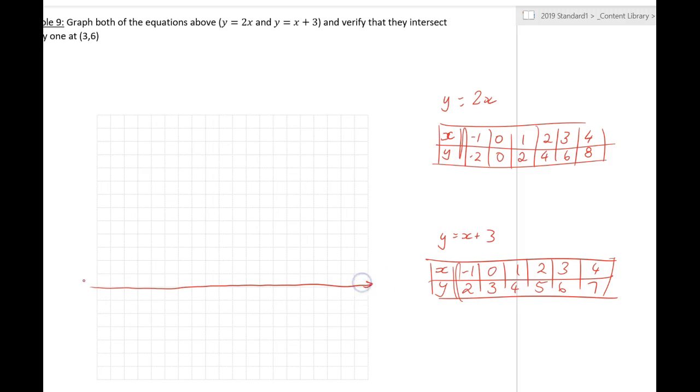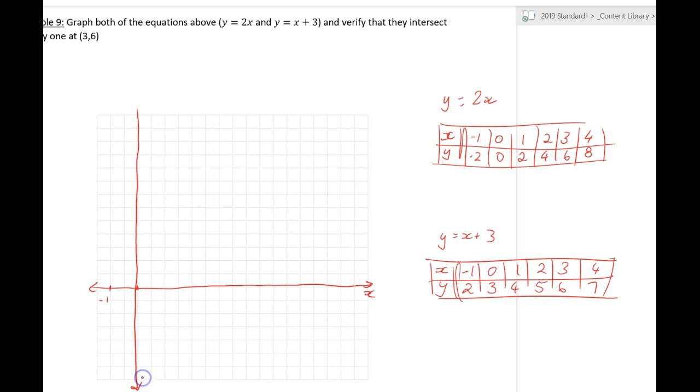That's going to be my x-axis, and I think we'll call this negative 1, this 0. So it's going to be my vertical axis through here.